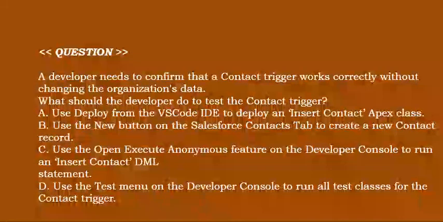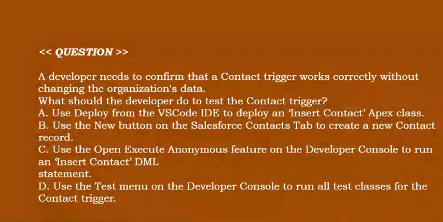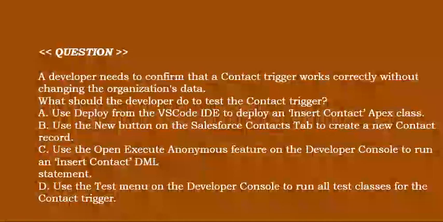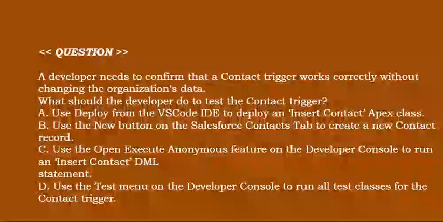Option C. Use the Open Execute Anonymous feature on the developer console to run an insert contact DML statement. Option D. Use the test menu on the developer console to run all the test classes for the contact triggers. Correct answer is option D.